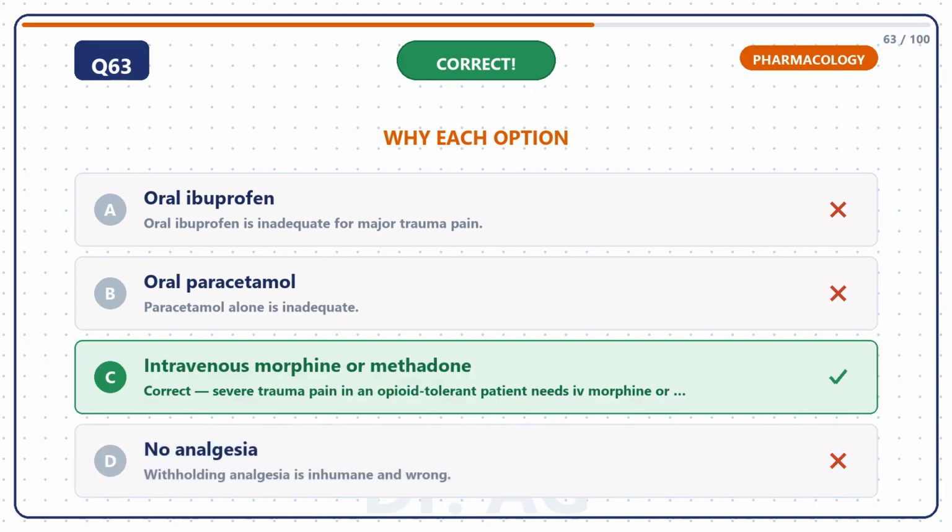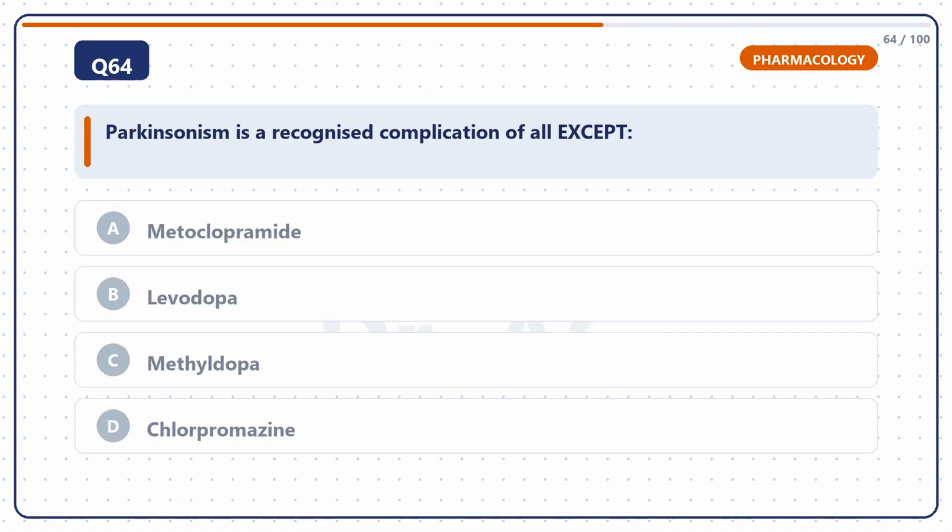And the correct answer is intravenous morphine or methadone. Correct. Severe trauma pain in an opioid-tolerant patient needs morphine or methadone, with adequate dosing. So, the right answer is option C. Intravenous morphine or methadone.